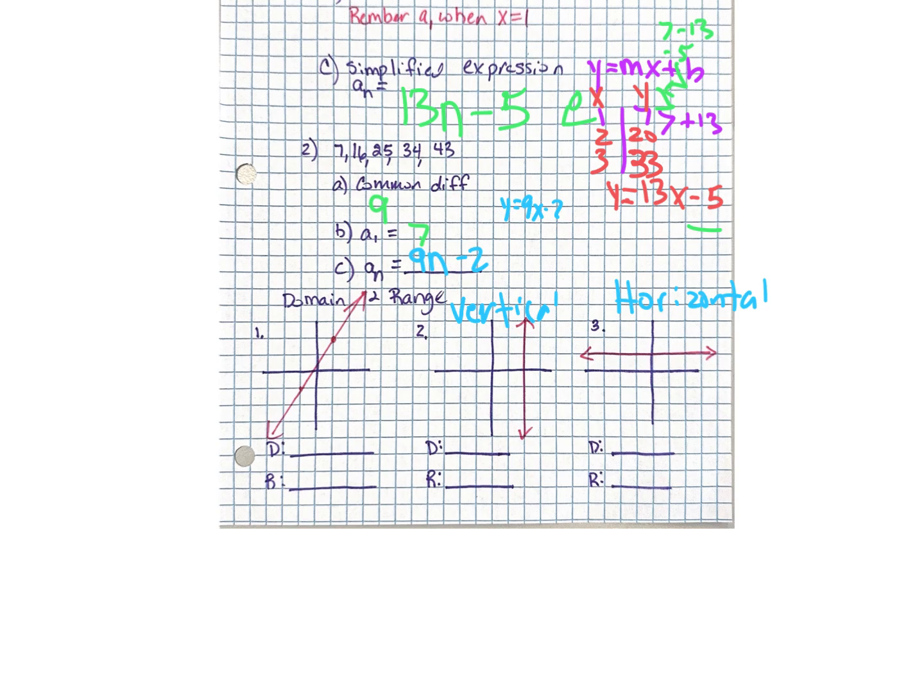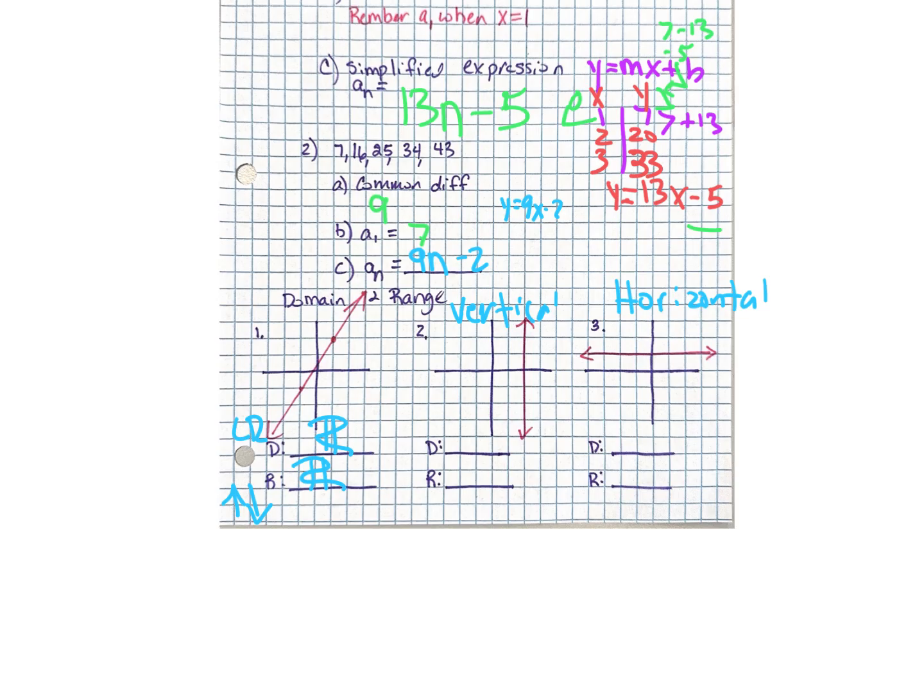For every line besides those two, your domain and range is all real numbers. The symbol is your double-legged R, because you are going left and right forever, and up and down, or down and up forever. Anytime you keep going both directions, it's going to be all real.